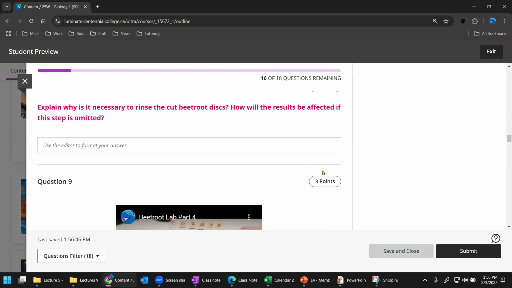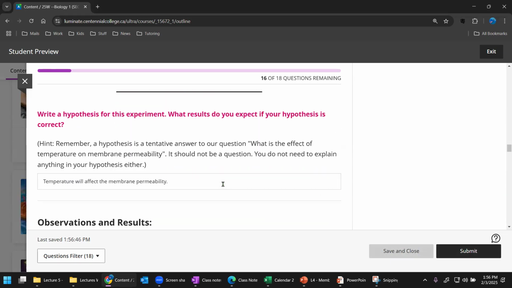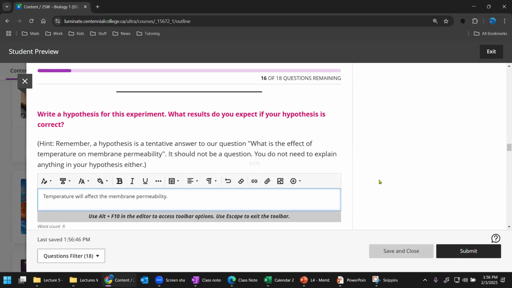Can someone tell me why? This is a 3-mark question. Why would they not get full marks for this hypothesis? They might write more to explain what kind of results they expect, but what's missing here in the hypothesis? Someone please tell me. Help the class out.